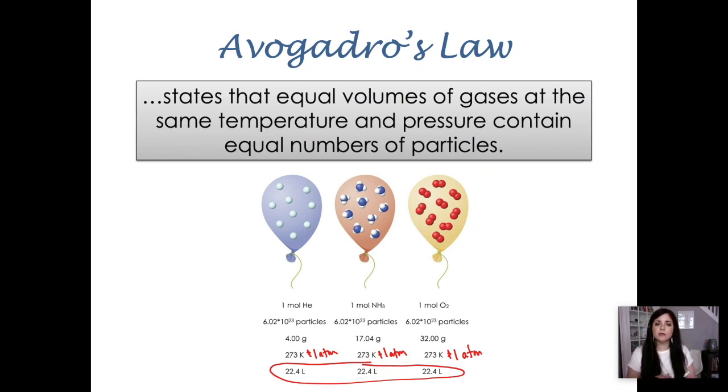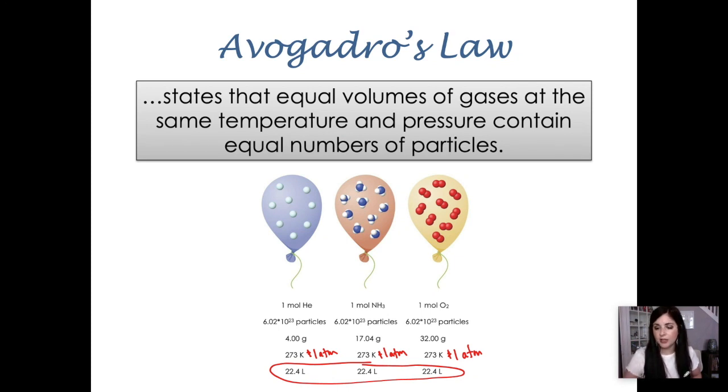However, we can also relate this to the standard conditions, which is what this is showing down here towards the bottom. At STP, at 273 Kelvin and 1 atmosphere, which is what each of these balloons is showing, a gas occupies a volume of 22.4 liters. If you had Dr. Clark, I believe you talk about 22.4 liters when you're doing mole conversions. I normally don't.